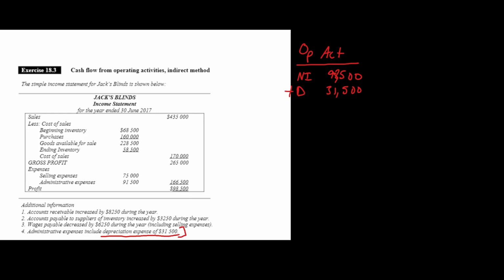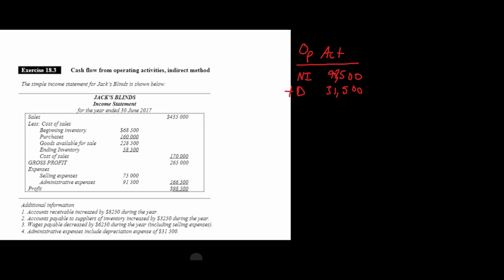Why do we add this back? Well, this represents a non-cash item. We did not spend 31,500 in cash to expense our depreciation, right? We already spent cash on the asset when we purchased it.